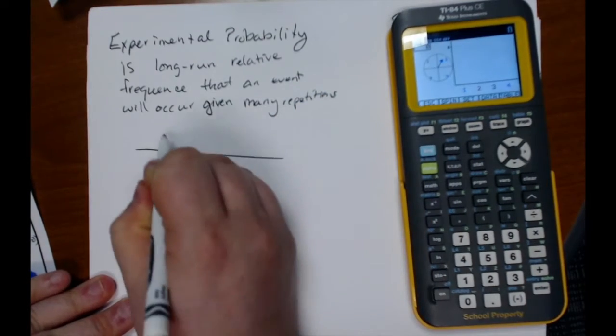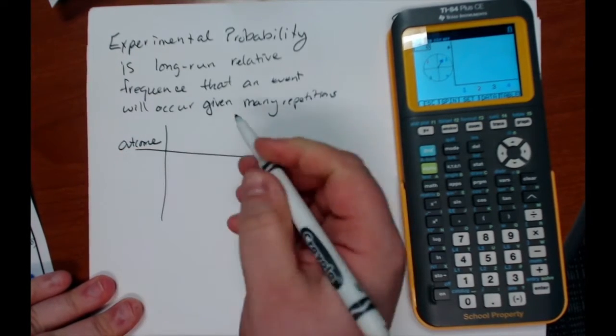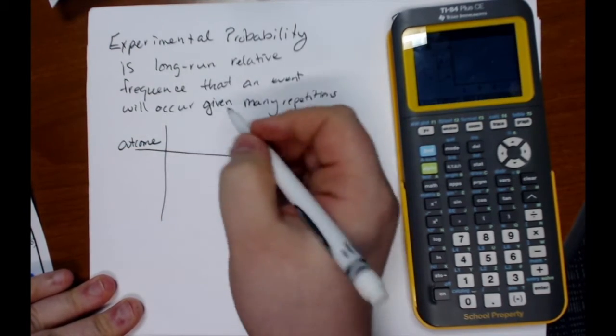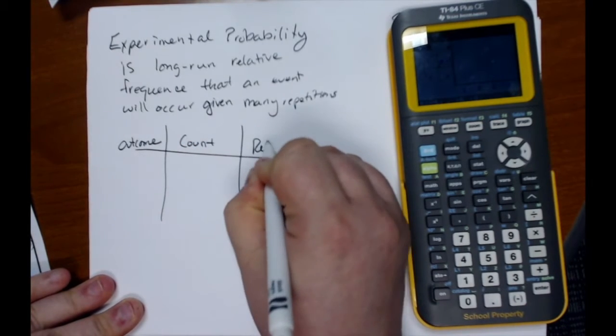So I'll make a table. We have our outcome. We have our count. And then our relative frequency.